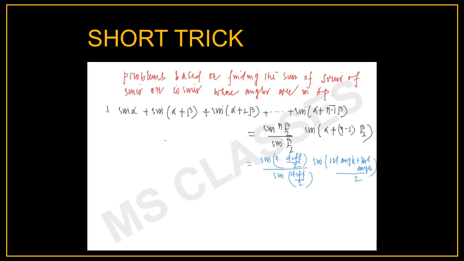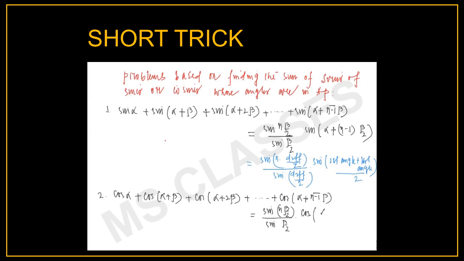We come to the next standard formula. Cos alpha plus cos alpha plus beta plus cos alpha plus 2 beta, and it goes on up to cos of alpha plus n minus 1 beta. Now this will give us sine n beta by 2 by sine beta by 2 into cos of first angle plus last angle by 2.